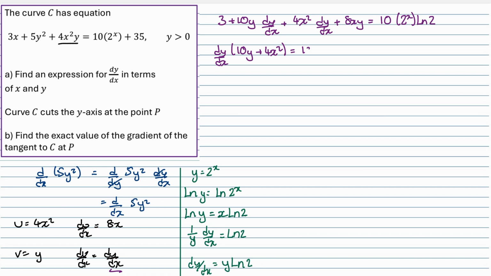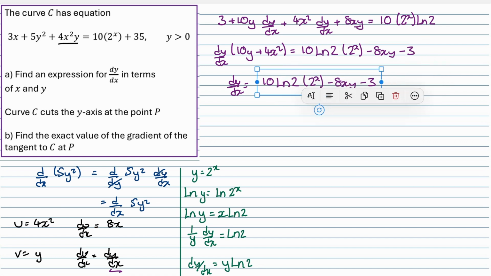So we'll have 10 multiplied by ln 2 times 2 to the power of x, and then we'll take away the 8xy, this term here, and we'll take away the 3. Now we just need to divide both sides by 10y plus 4x squared. So dy by dx will be this left-hand side, all divided by 10y plus 4x squared, okay?